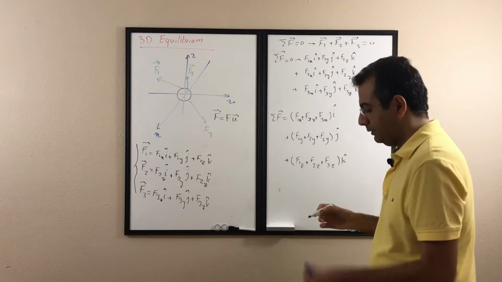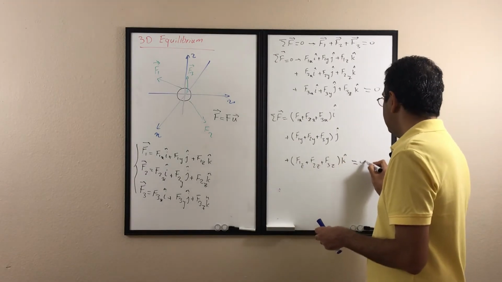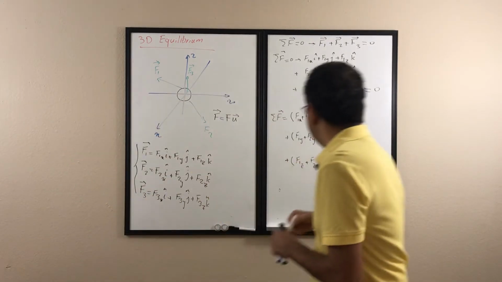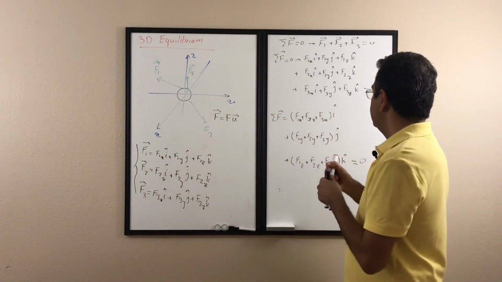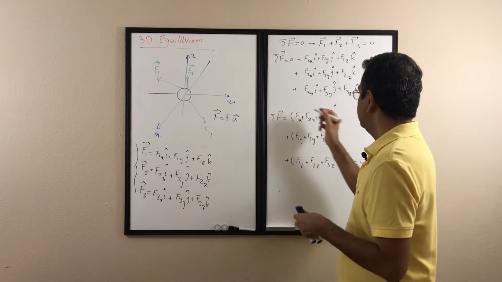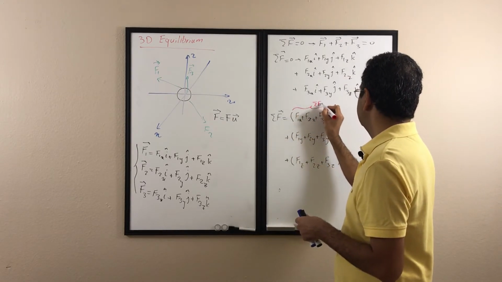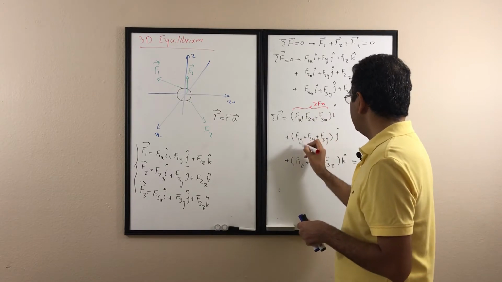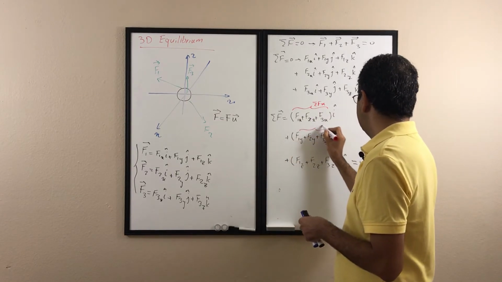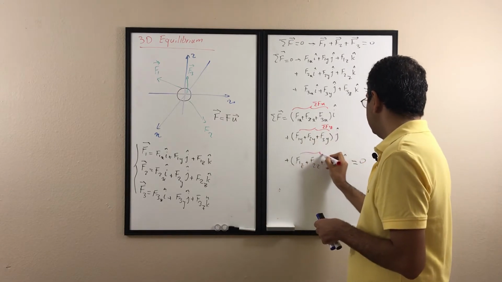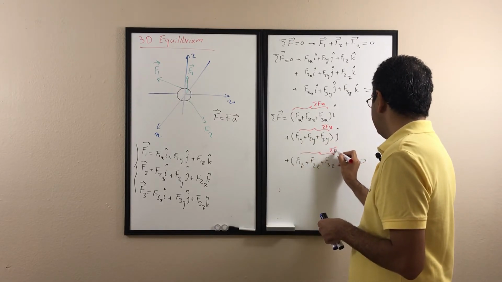So I add all the three and it's 0. Now, all the i components, this is sigma Fx. All the y components are sigma Fy, and all the z components are sigma Fz.